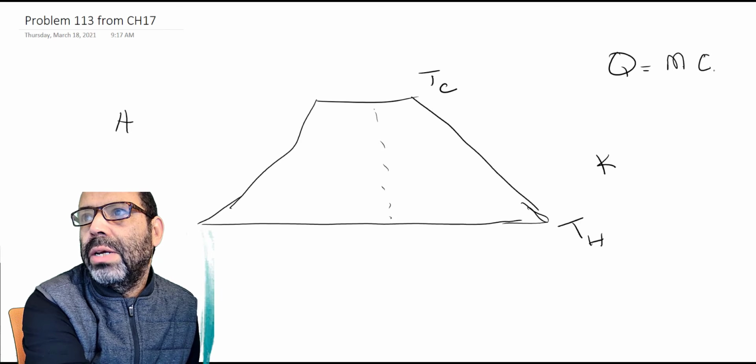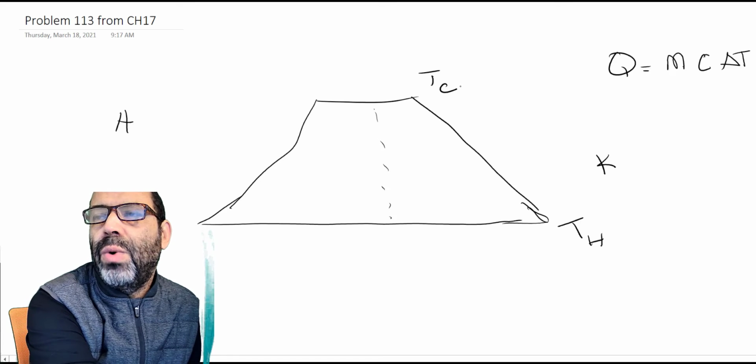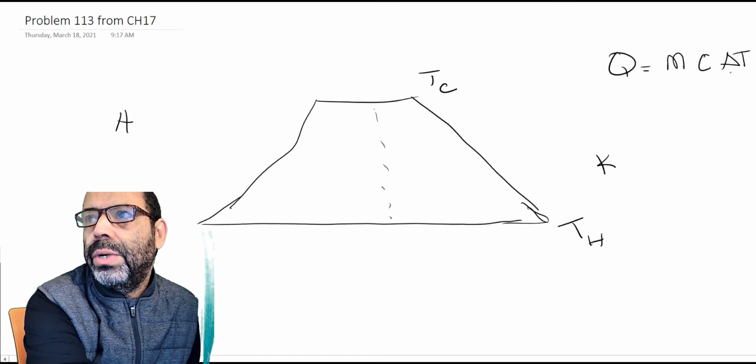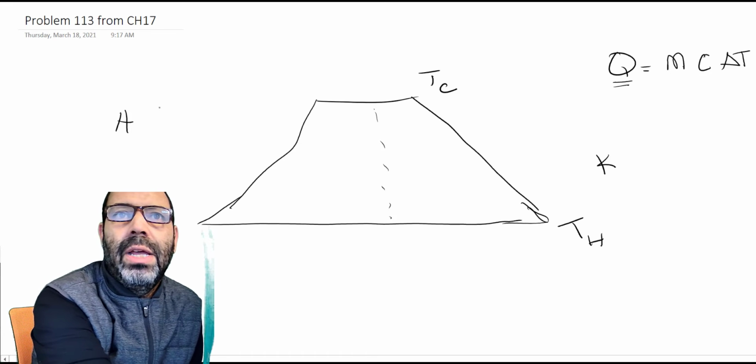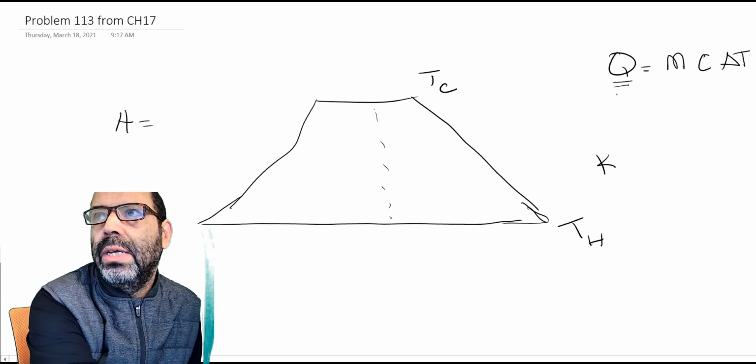Let's make it water, so 4,190 joules per kilogram per degree Celsius, times the change in temperature, the difference between the original and the new temperature, delta T. So now you know how much heat went in, in 5 minutes. Then you can measure H, which is simply Q over t, where t is the time, in this case 5 minutes.